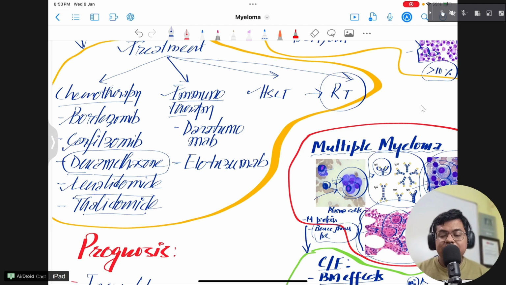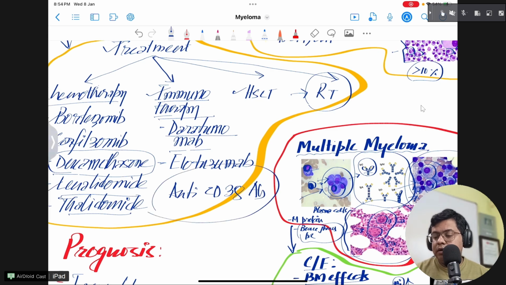Now coming to the immunotherapy. Immunotherapy means there is specific expression of some antigen on the myeloma cells, and we target those specific antigens with the help of some monoclonal antibody, and one of them is daratumumab, the anti-CD38 antibody.